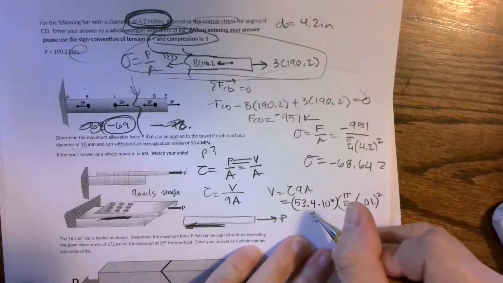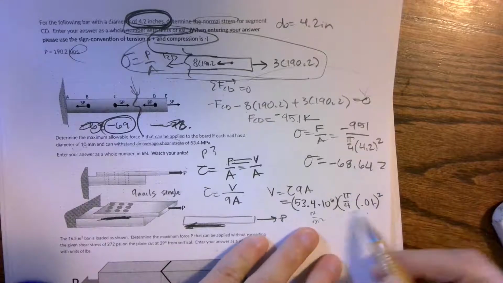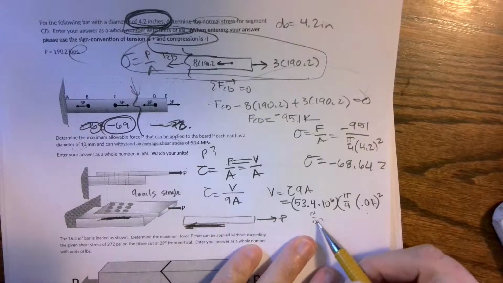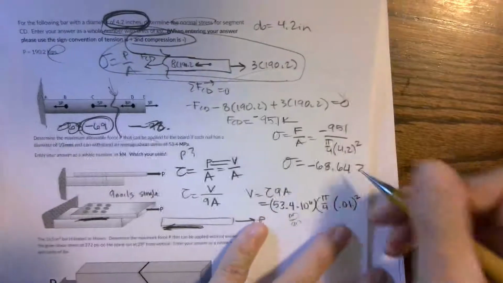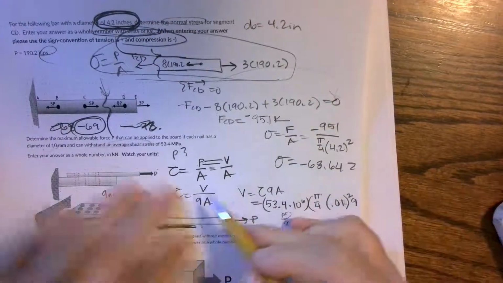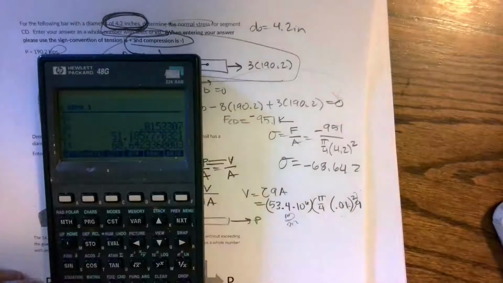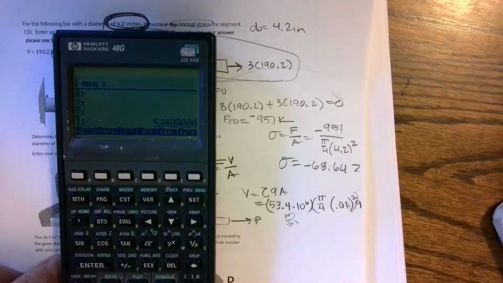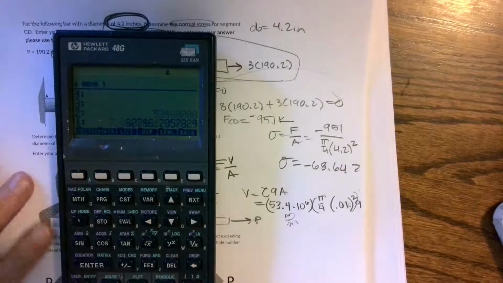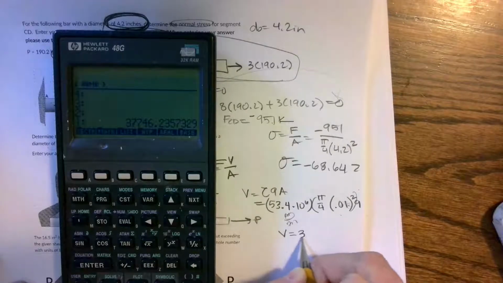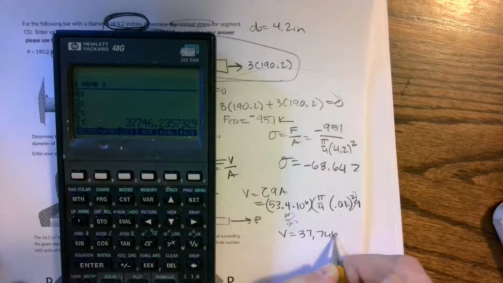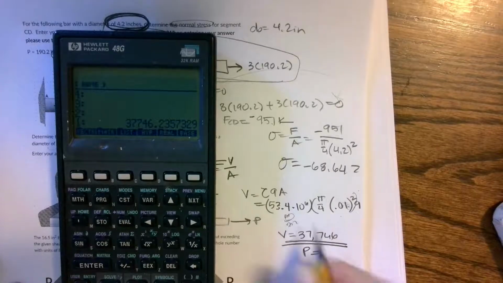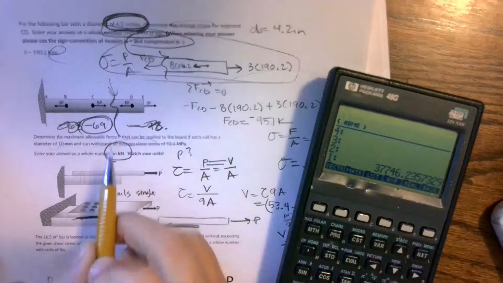So I'm working in newtons and meters squared. So when I square this, my meters squared will come out and I'll be left with newtons. And I have to multiply by 9 because I actually have 9 of those things. So we have 53.4 times 10 to the 6th, pi as a number, divided by 4, times 0.01 times 0.01, times 9, that's how much area we have, and I'm left with a shear of 37,746, which equals P. And it says enter it in kilonewtons.